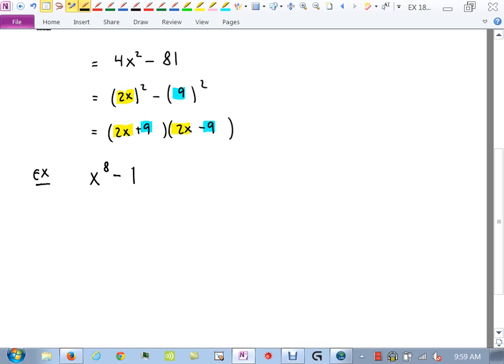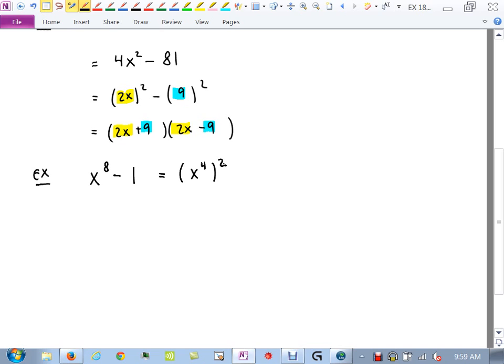How about 1? Is 1 a perfect square? Isn't 1 squared? Yes? 1 is 1 squared, isn't it? So watch this. Do you agree that I could rewrite that first one, x to the 8th, as x to the 4th squared? I could, right?